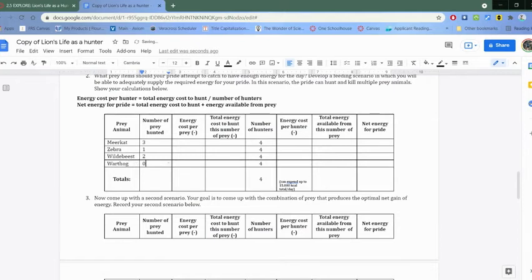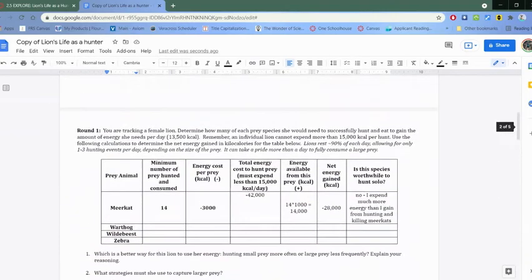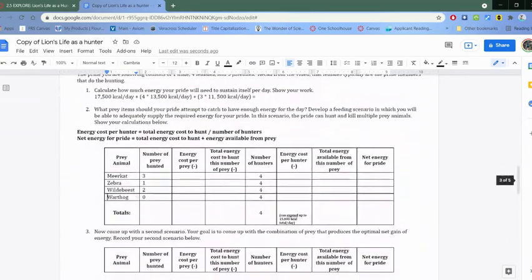So I'm going to go through that same process that I did above, for each of these food items. So energy cost per prey. If I look on my table, I remember that the energy cost was 3,000 kilocalories. Total energy cost to hunt this number of prey, so 3 times negative 3,000, negative 9,000 kilocalories.